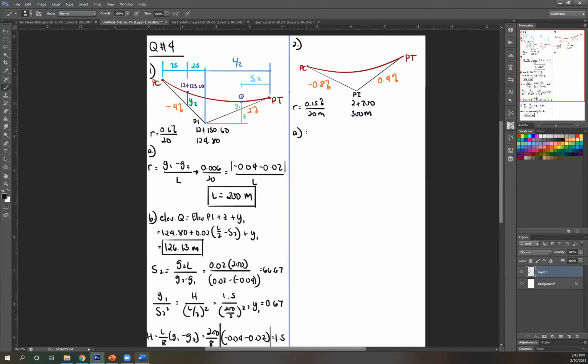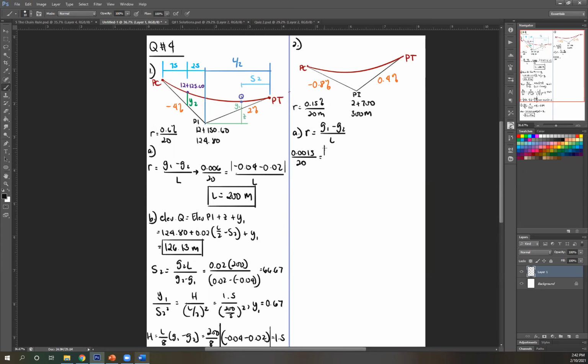We're just going to use the equation R equals G1 minus G2 over L. That is 0.0015 at 15% over 20 equals G1 minus G2.